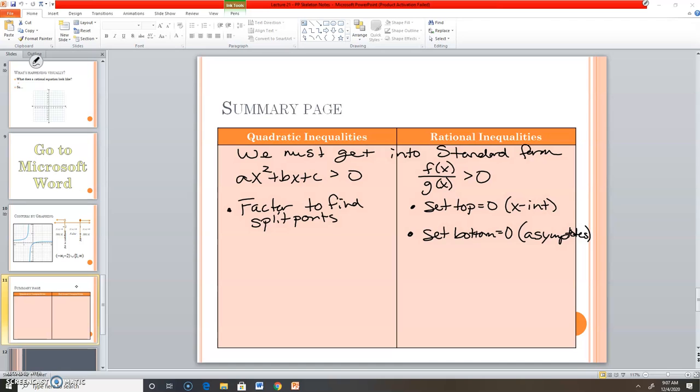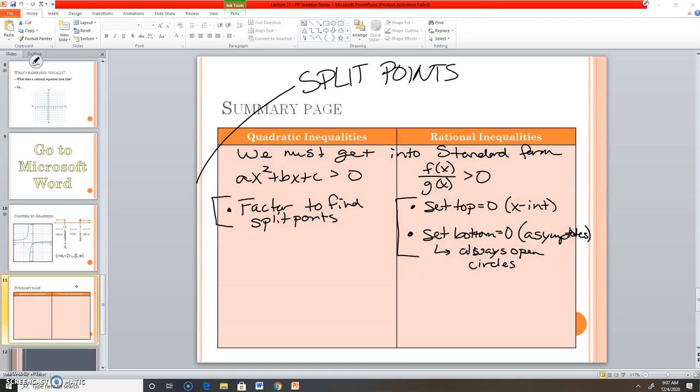Okay? Your asymptotes, something to remember, are always open circles. Okay? So this step right here is how I find my split points. That's all about finding our split points.